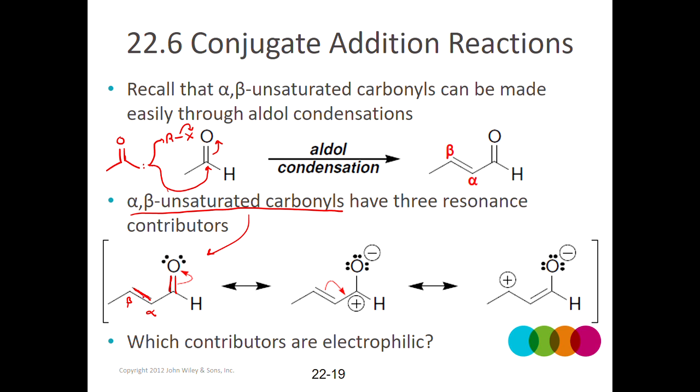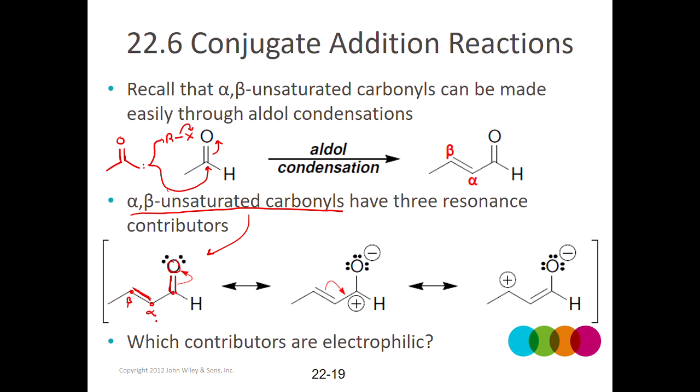What's important about that specific positioning is that the alkene is in conjugation with the CO double bond pi bond, so we have full conjugation throughout all four of these carbons and the oxygen.